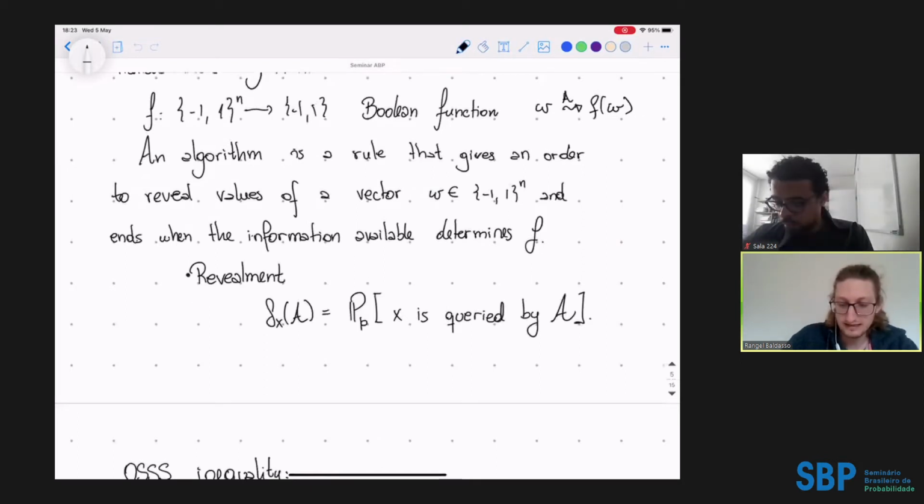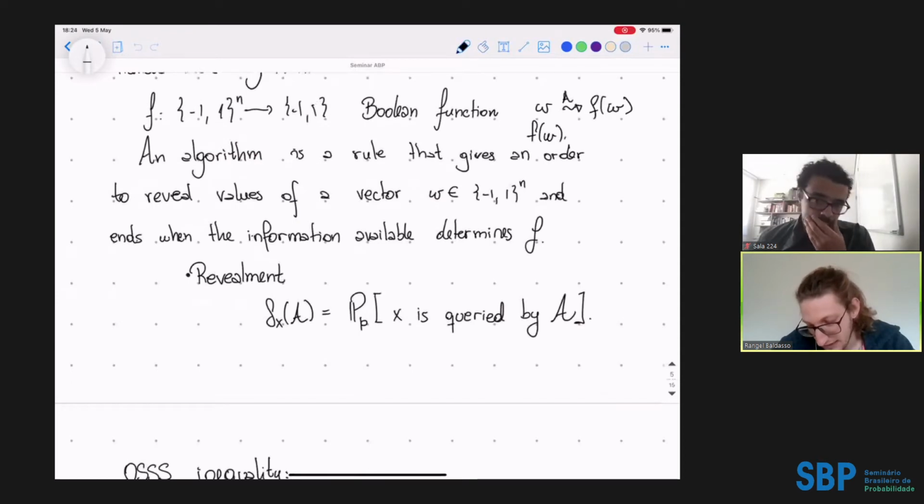An algorithm is just a rule for observing bits of your entry one at a time, and you stop when you know the value of f of omega. For example, let's say that f of omega is the value of the first coordinate. An algorithm would be to observe the first coordinate.